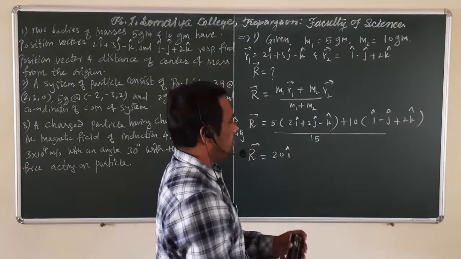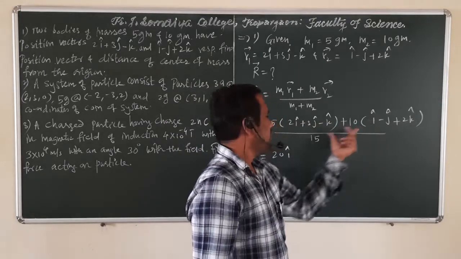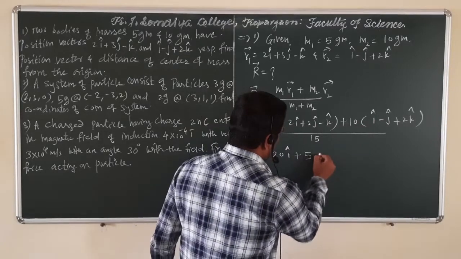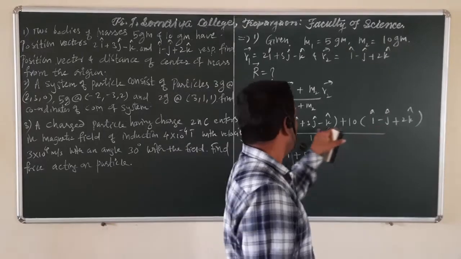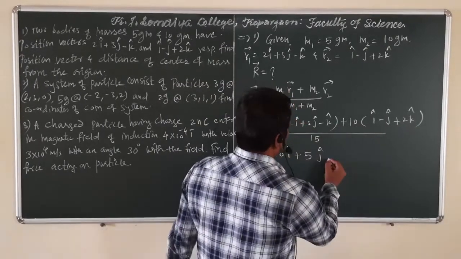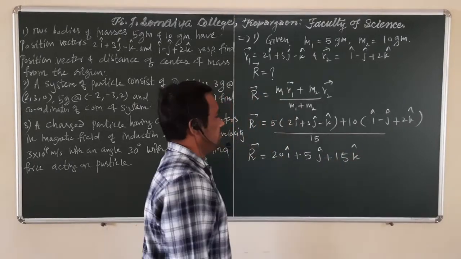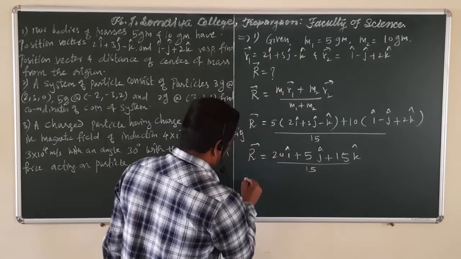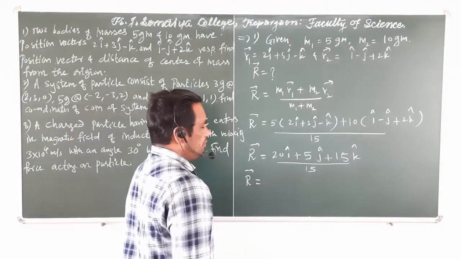Okay, the component of j: 15, and here we have 10, so 15 minus 10, which is 5j, and k: 5 minus 5 plus 20, which is 15k, divided by 15. So vector R is equal to 20 upon 15.